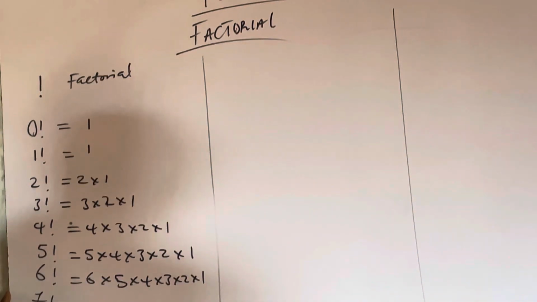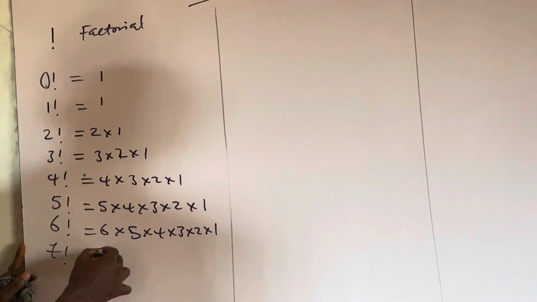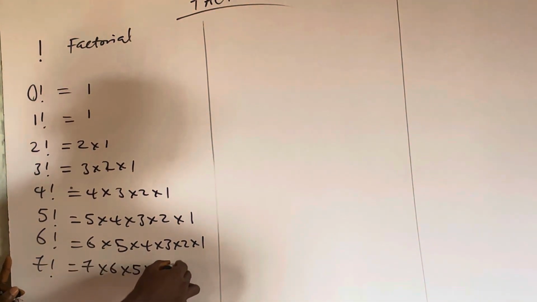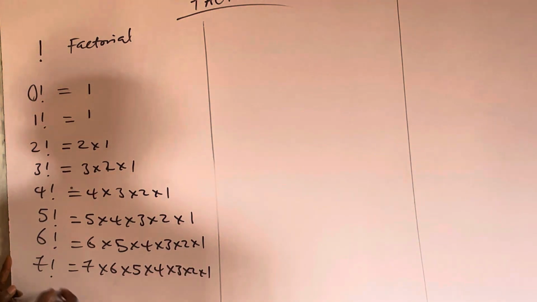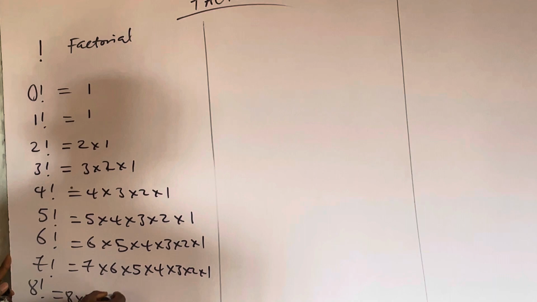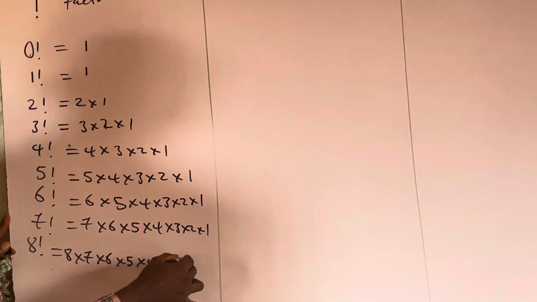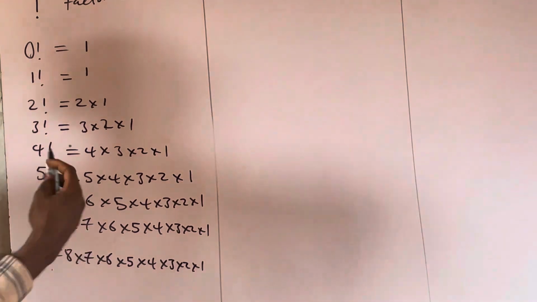We have 7 factorial, and I'm going to stop at 10. This is equal to 7 times 6 times 5 times 4 times 3 times 2 times 1. 8 factorial will give us 8 times 7 times 6 times 5 times 4 times 3 times 2 times 1. I believe you can do the rest.